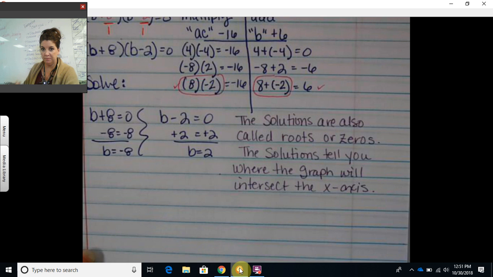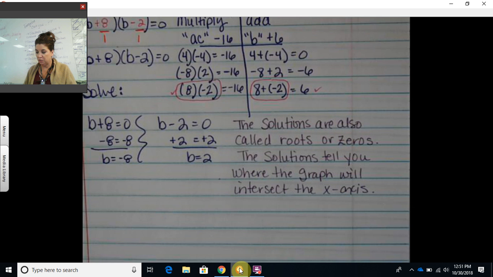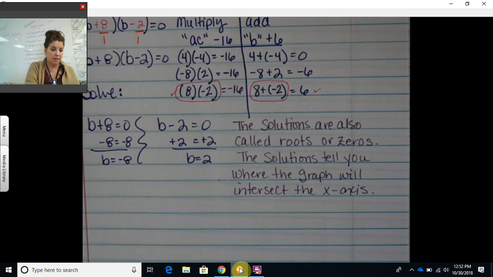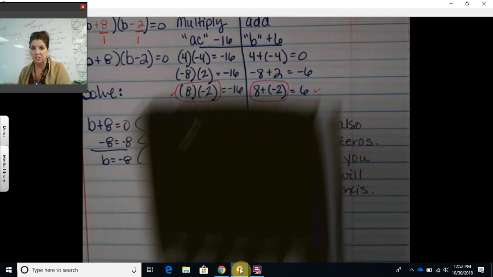Okay, y'all good with that? Let me just do a little quick sketch here. I want to look on my calculator. I'm going to teach y'all how to graph these by hand.